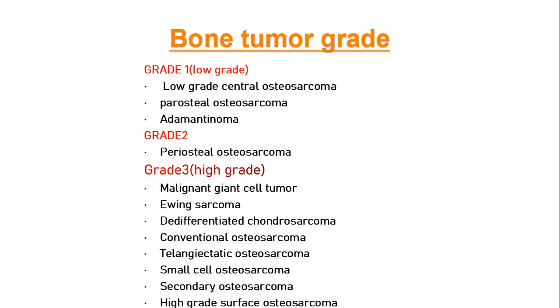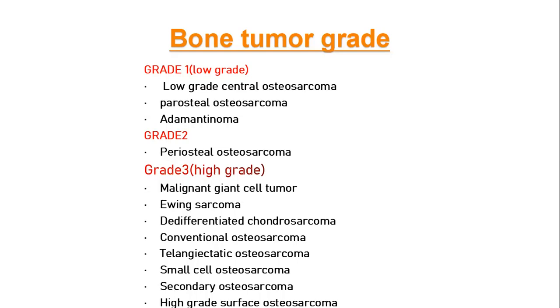For this case, a number of different staging systems have been proposed over the years for soft tissue and bone sarcomas, and the 2-tier, 3-tier, and 4-tier stratification schemes have been used to grade bone tumors. But for today, we have the summary of grading of bone tumors.